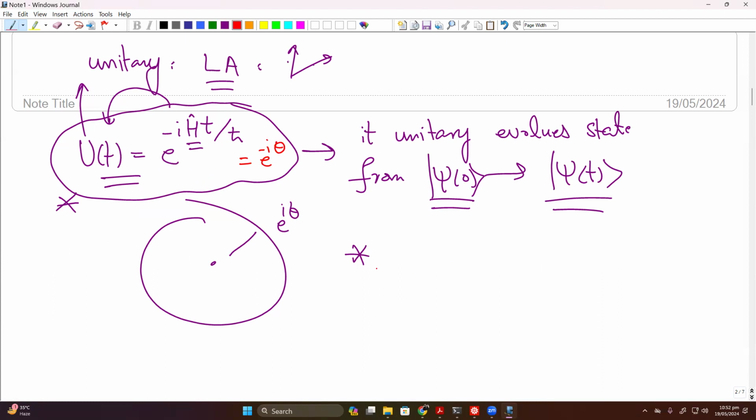Similarly, expressions like these occur most of the time in quantum mechanics. In angular momentum, the angular momentum generators are also in this form, e to the i theta, e to the i some generator of rotation, which are usually those rotation matrices and so on. I'm not going into this detail, but just to tell you, there is a connection between rotation, e to the i theta, and Euler's formula.